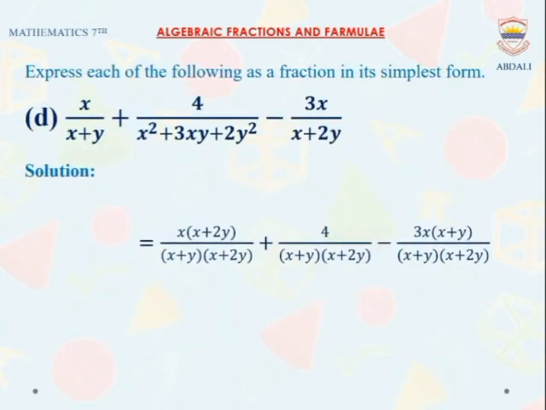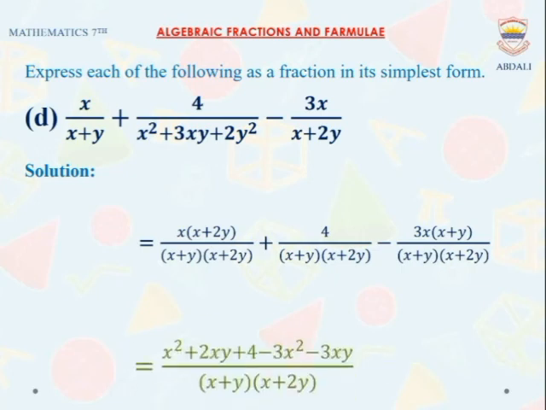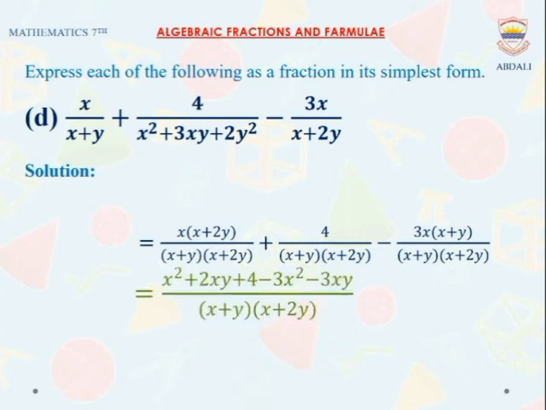Class, we have done up to this step, and now all the denominators of all fractions are the same. All three fractions are like fractions now, so we will rewrite the denominators one time and we will add in the numerator.